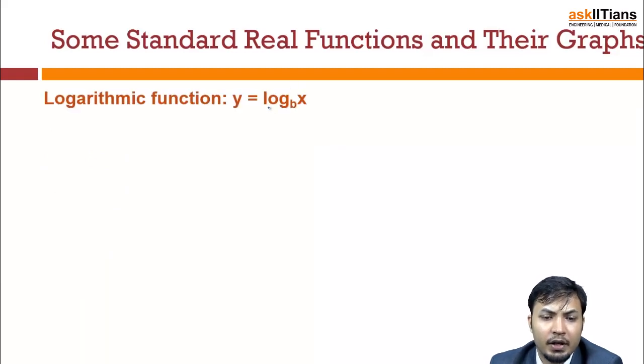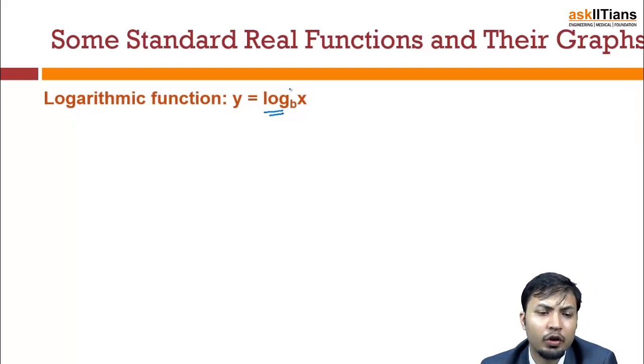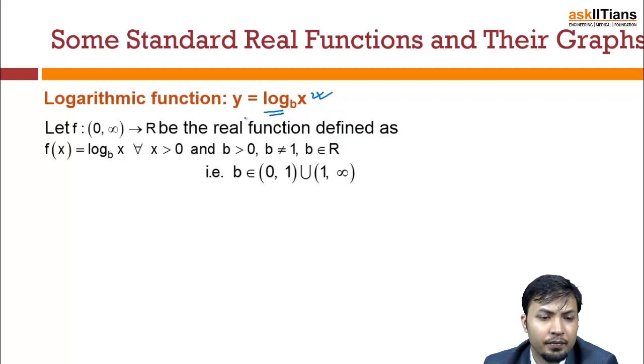Now, another important function. We'll also be starting logarithms in this chapter. But what are logarithms? This is just a preview, or a trailer, for that part. The logarithm function is y is equal to log base b of x, in its simplest form. You have studied logarithms a little bit, right? So in this case, how the function curve looks is going to be important. But before that, let's look at the function.